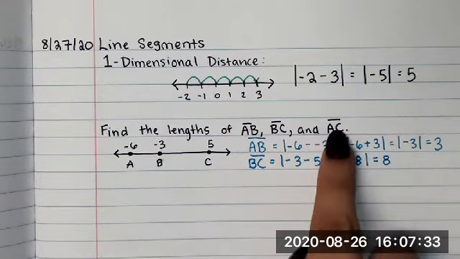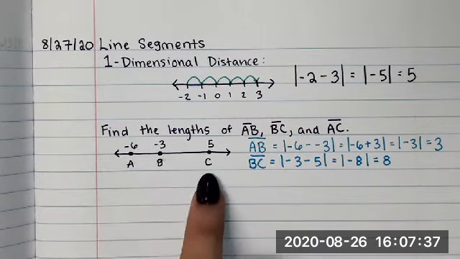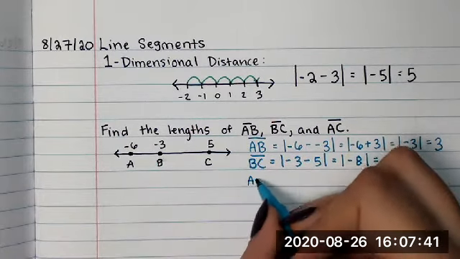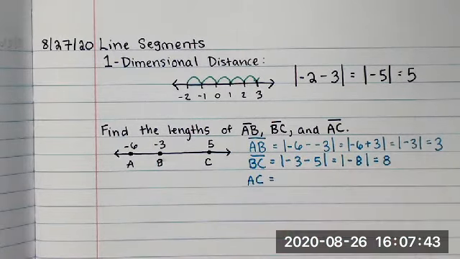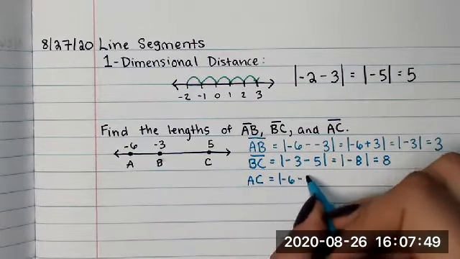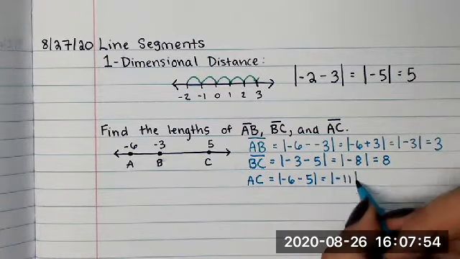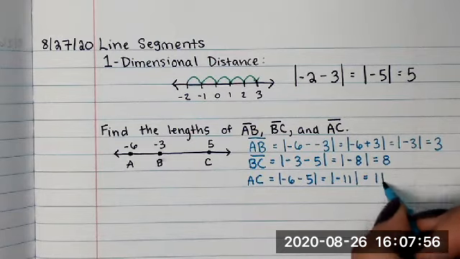Lastly, it wants us to find the length of AC. That's going all the way from A to C, all the way from -6 to 5. So again, -6 minus 5 is -11. And then we make it positive.